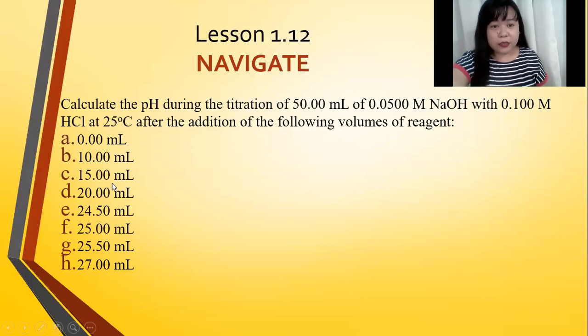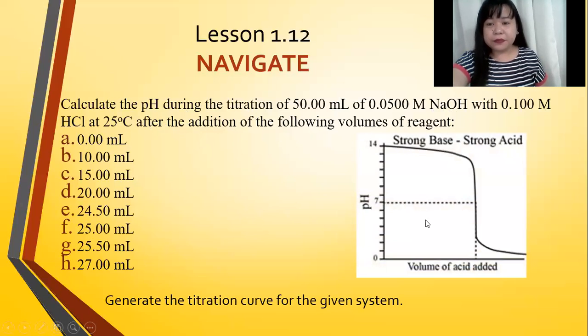Also notice that for this problem, we started with sodium hydroxide as the analyte and HCl as the titrant, meaning instead of the titration curve which I have shown you that starts from a low pH going to a high pH, this time we're going to have a curve that looks something like this, where you start with a very high pH which gradually decreases until you reach the equivalence point, and then after the equivalence point, you'll have a very acidic solution, because the pH will now be dictated by the excess HCl in the system.